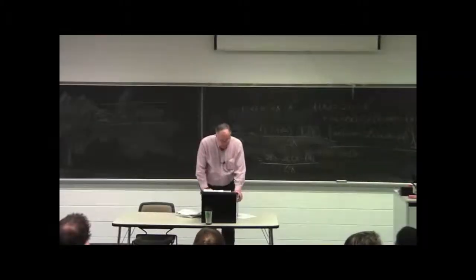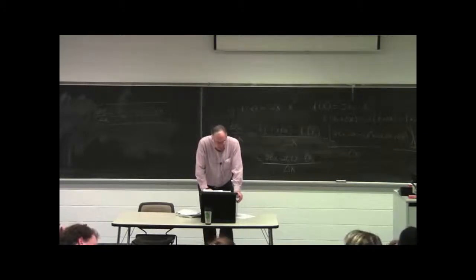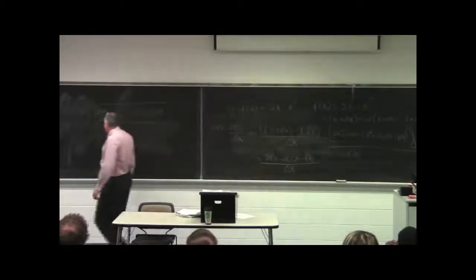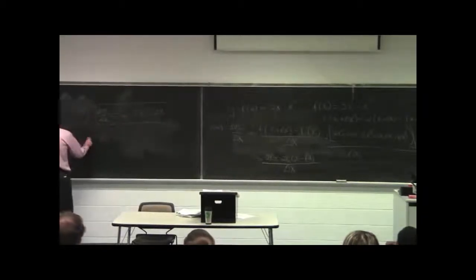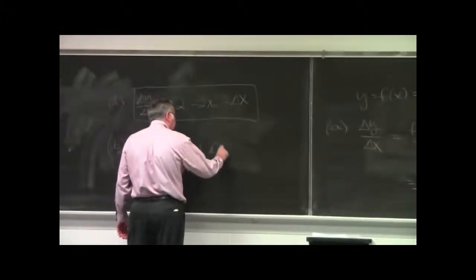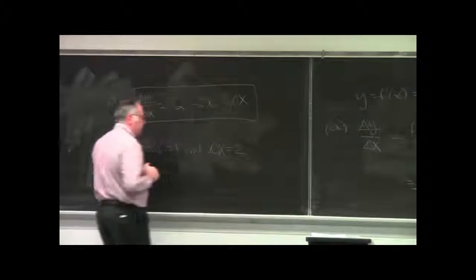B says evaluate the difference quotient for x sub 0 equals 1 and delta x equals 2. So in part B, we're saying let x sub 0 equal 1 and let delta x equal 2.